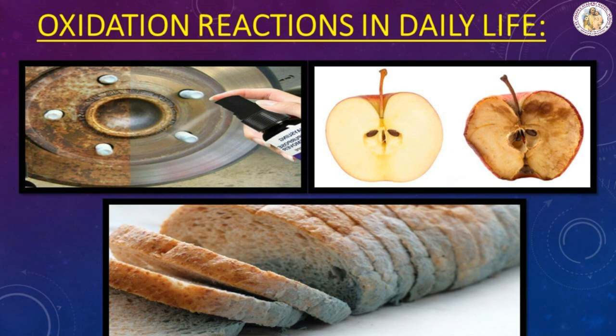Then, the freshly cut surfaces of vegetables and fruits turn brown after some time because of the oxidation of organic compounds present in them. The next example is that oxidation reaction in food materials left open for a long period is responsible for spoiling of food. This is called rancidity.